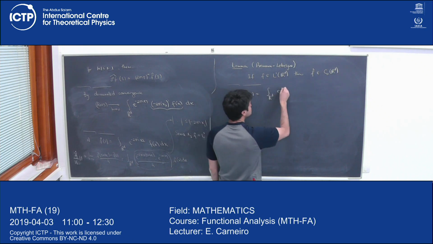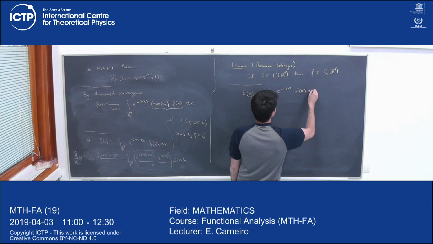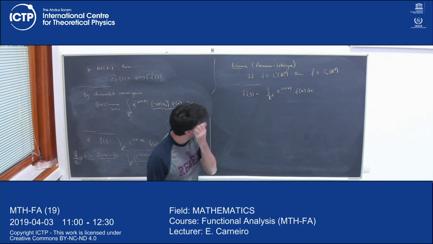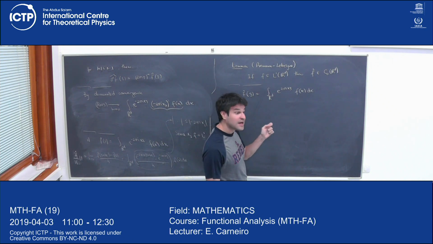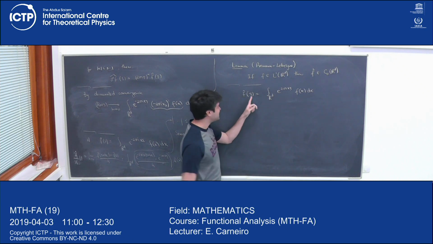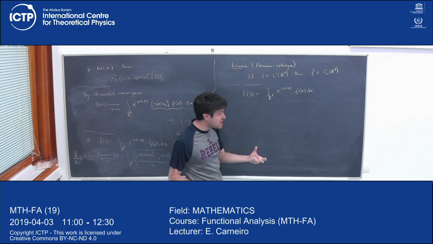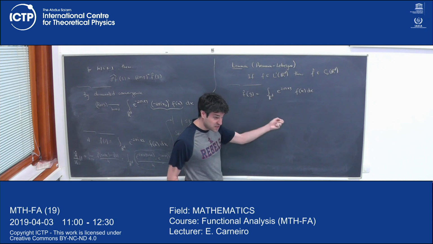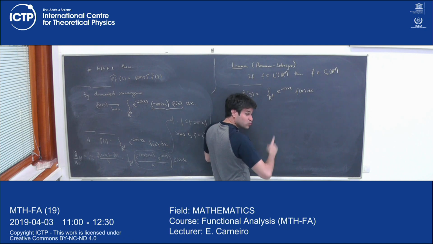Never feel confused. Just write on the board the definition. If f is integrable, we have to verify two things: that this function f hat is continuous, and that it goes to 0 at infinity. When ξ goes to infinity, the reasoning is that if ξ is very big, this kernel, which has ξx, will oscillate really, really fast.